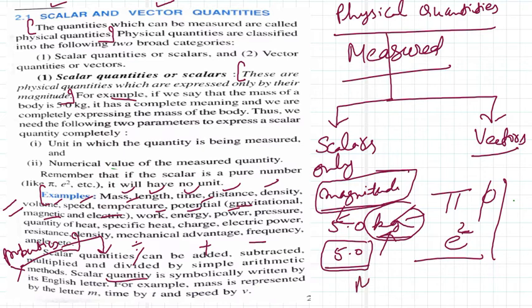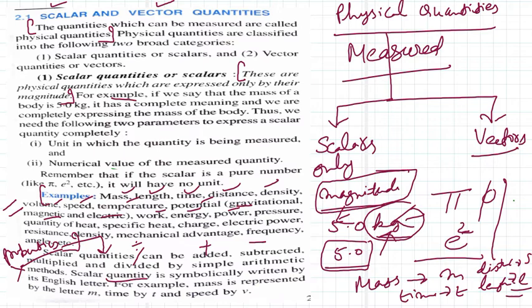For example, for mass we write m, time by t, distance by s, length by l. So these are all scalar quantities.